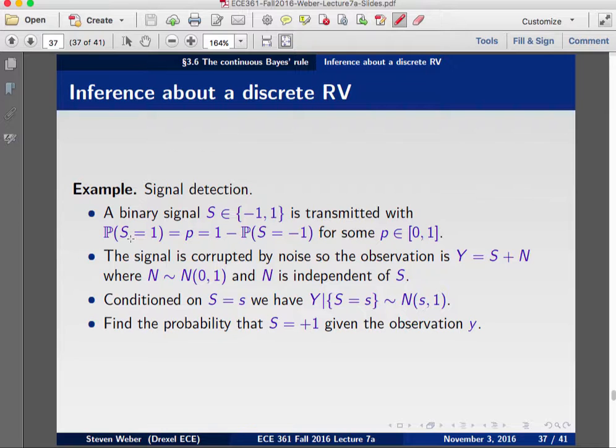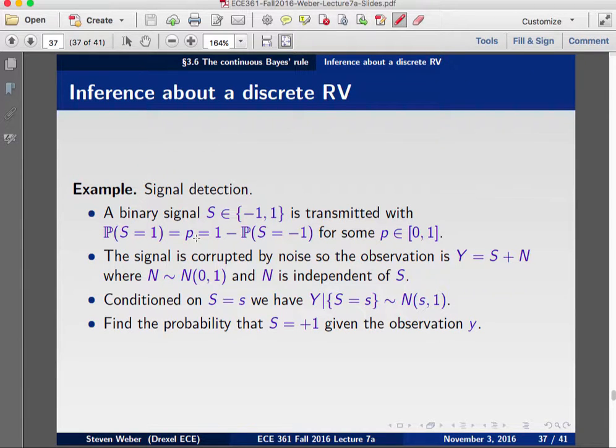If you look at a long stretch of signals, p is the fraction of signals that take value +1, and 1 minus p is the fraction that take value -1. Little p is a fixed and known parameter, and it is an important parameter for us.